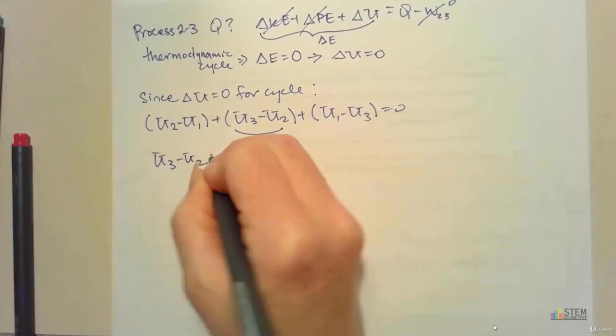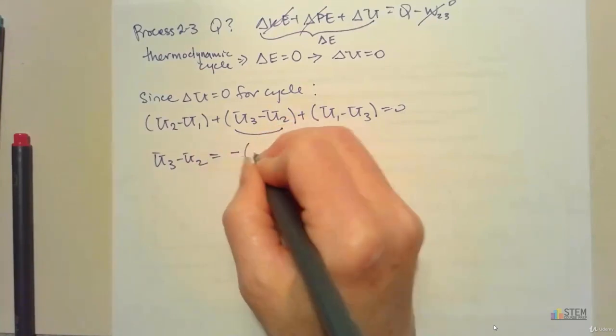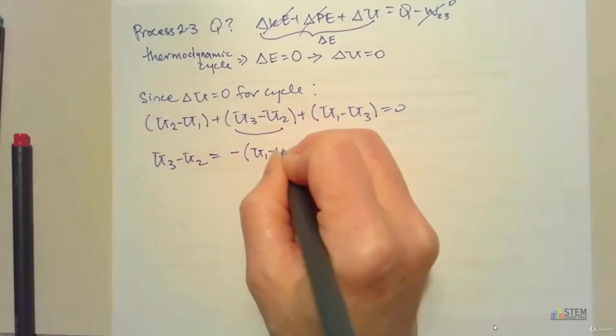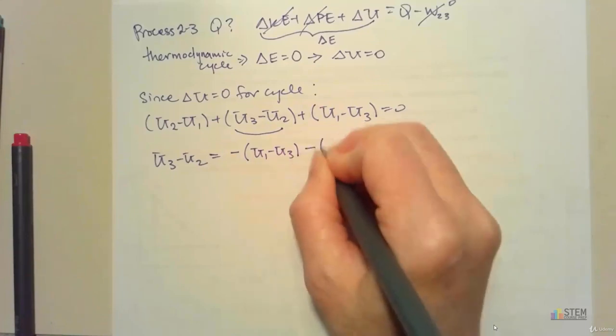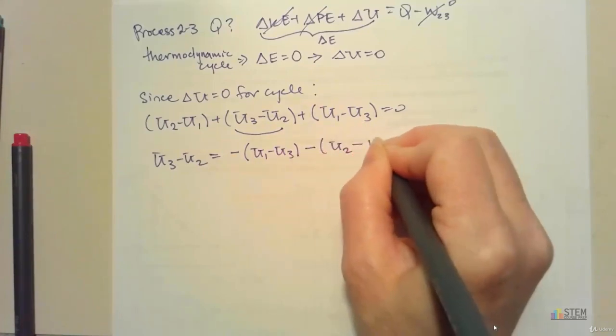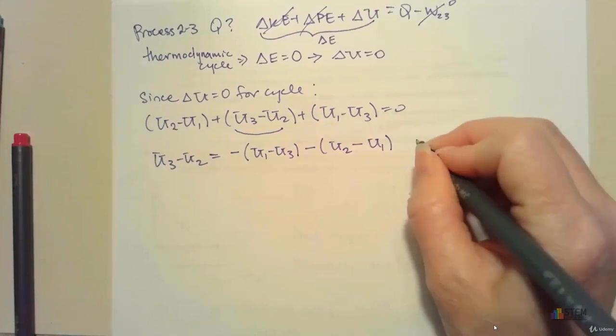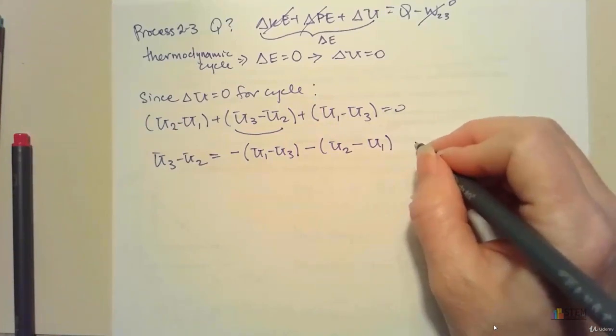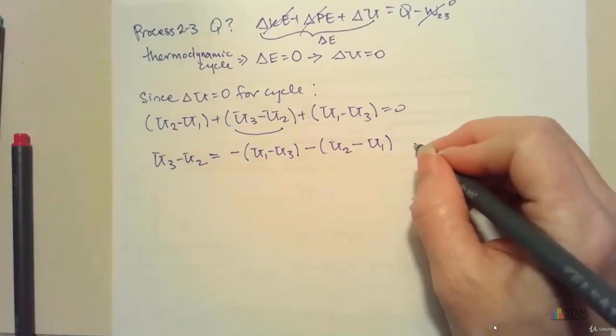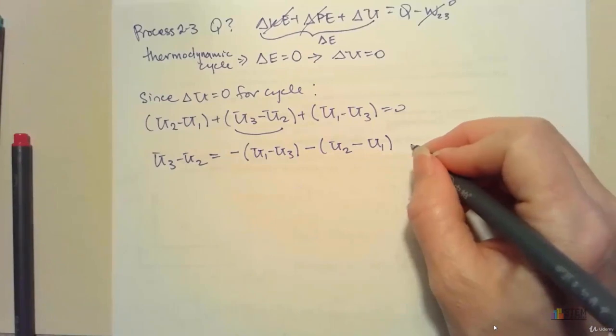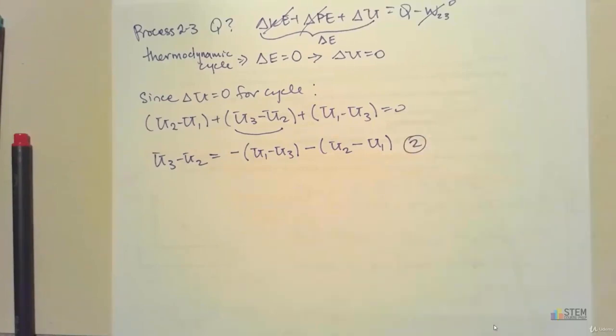So U3 minus U2 is going to be negative the quantity U1 minus U3 minus the quantity U2 minus U1. And let's call this equation 2.